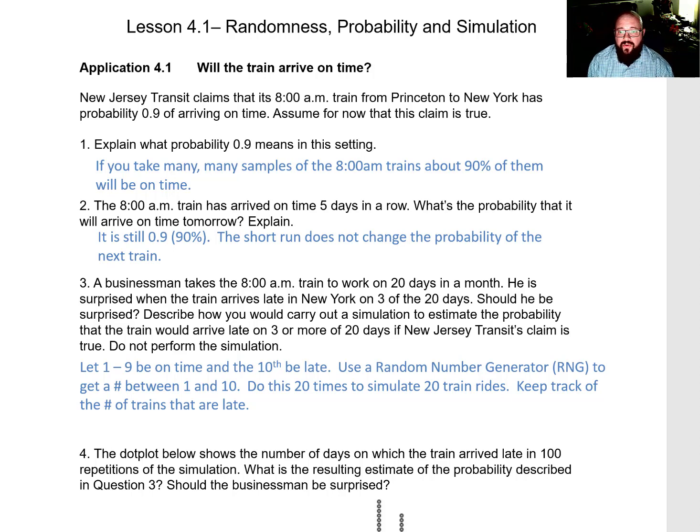So that's how you would set up a simulation to do this. Again, we're just labeling the numbers 1 through 10. For that, 1 through 9, the trains will be on time, and if we get the number 10, that means that train was late. We use our number generator again, we do that 20 times, and that's how we keep track of the trains that are on time and that are late.